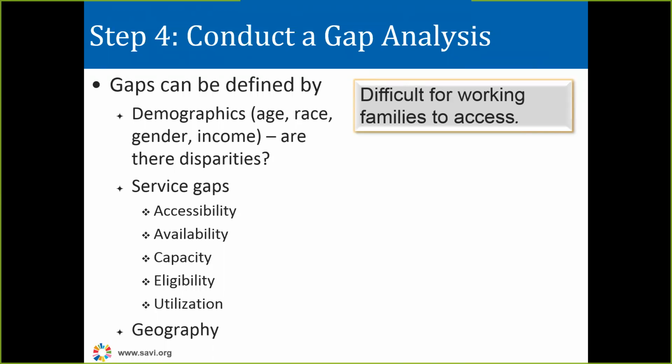You can slice them up by demographics. So perhaps certain populations are more affected by an issue such as poverty than other groups. If you're looking at poverty, you'll probably find that minorities are more affected by poverty, as well as children, who will tend to be much more likely to be affected by poverty than adult and senior populations.